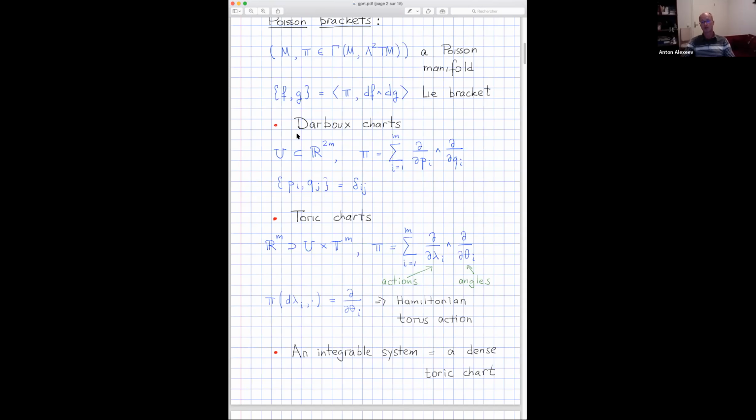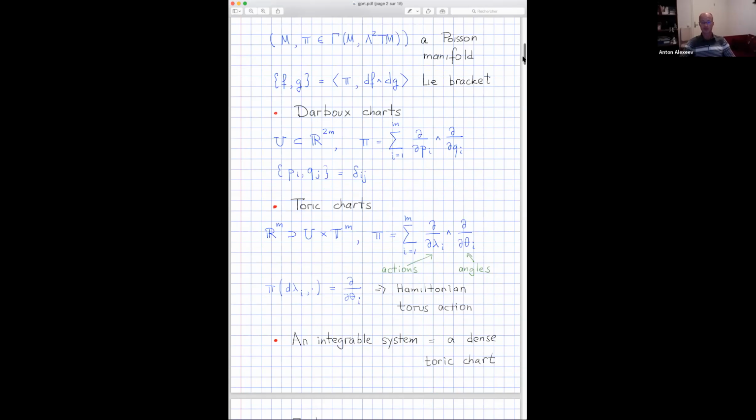In the definition of toric charts, I can add λ_i's which do not enter π at all. Then their Poisson brackets with everything will be zero. These will be Casimir functions, and that we also count as an integrable system. So in principle, we may have some number of λ_i's which is bigger than the number of θ_i's.